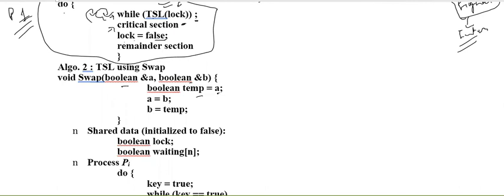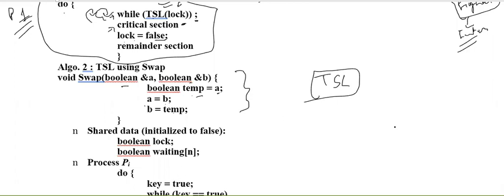First the value of the first variable will be given to the temporary, then the second variable's value will be assigned to A, and the temporary value, which earlier held A's value, will be assigned to B. In this way we can swap the values of A and B. Now we are going to utilize this concept to deploy our TSL, test and set lock.